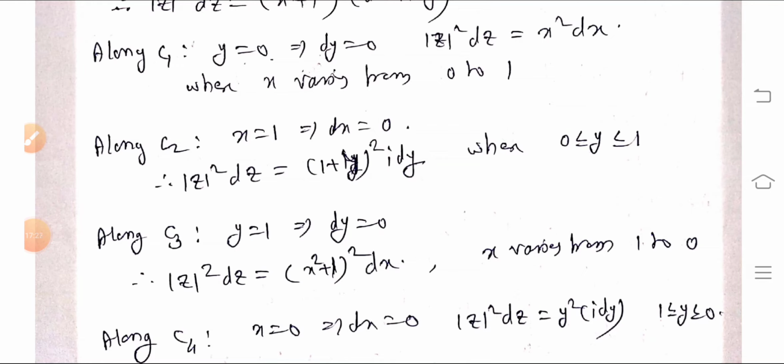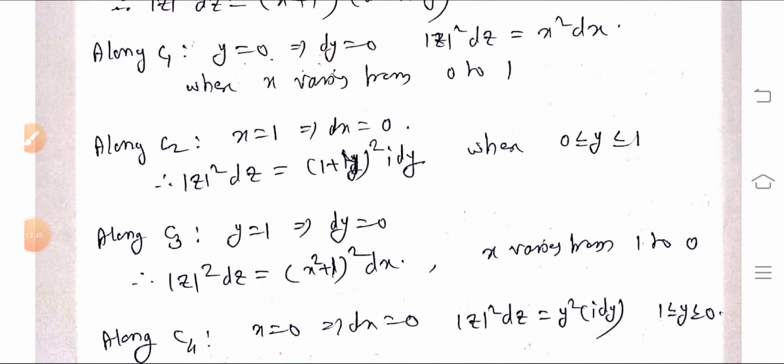So x square plus 1 dx, and x varies from 1 to 0. Here there was a mistake earlier: it is x square plus 1 dx, and x varies from 1 to 0.